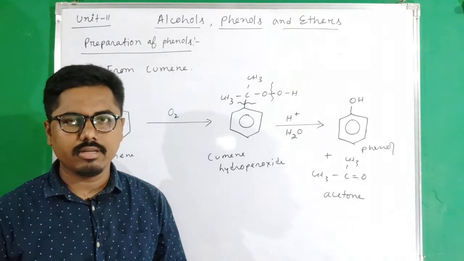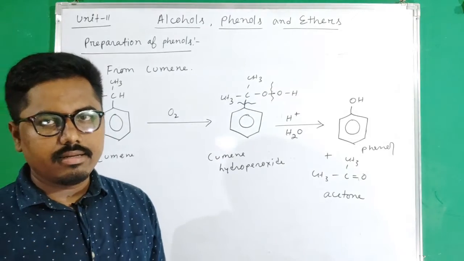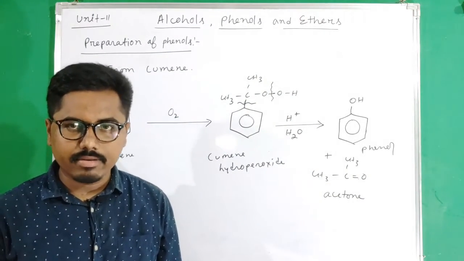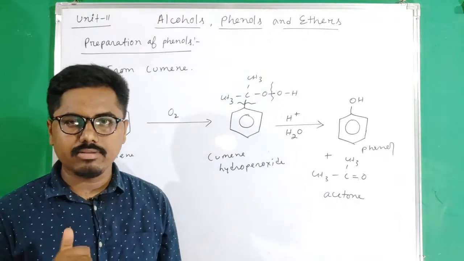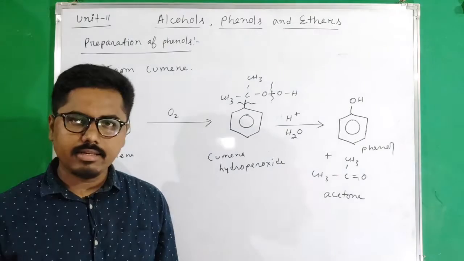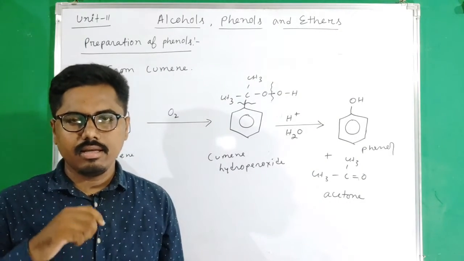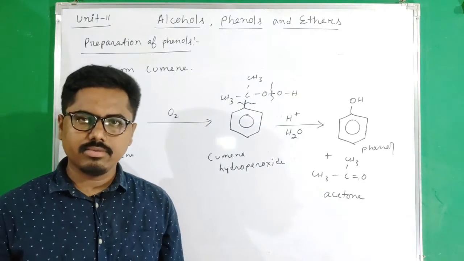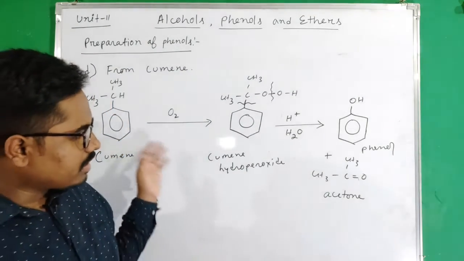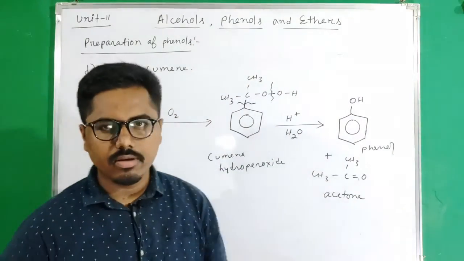So about that reaction you have studied already in chapter 10, that is haloalkane and haloarene. And then we have converted benzene diazonium salt into phenol. At first aniline is converted into diazonium salt, and then after treating the diazonium salt with water we get phenol, okay, and then we have converted cumene into phenol, okay.